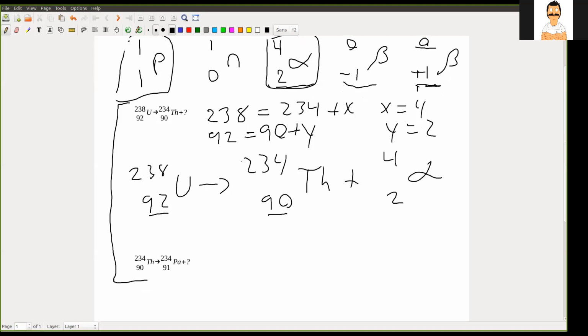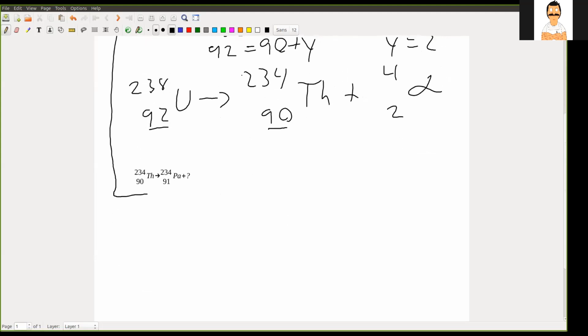So for our next one, quite similarly, we would set the left-hand side equal to the right-hand side. So 234 is equal to 234 plus some unknown, and it's obvious that in this case x is equal to 0. And so 90 is equal to 91 plus some y.